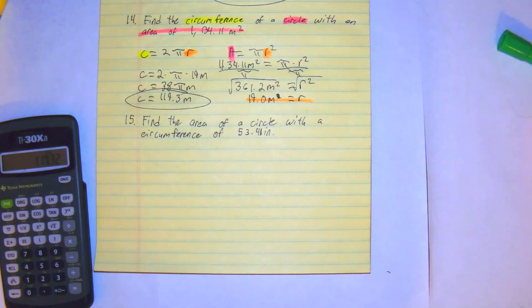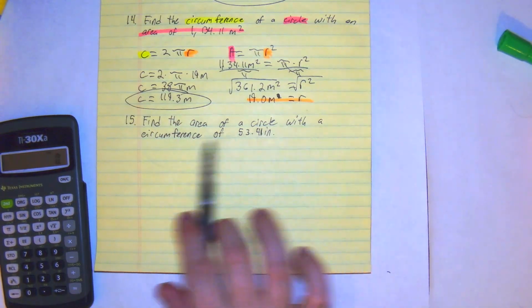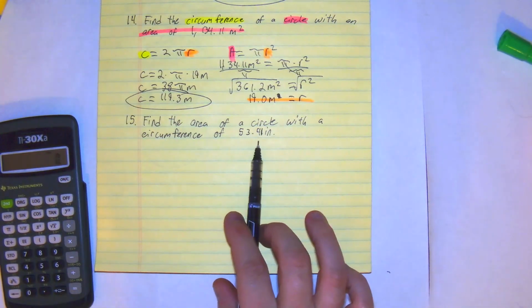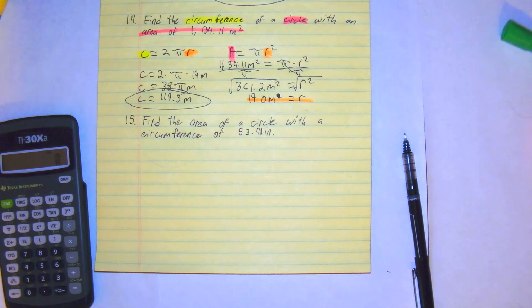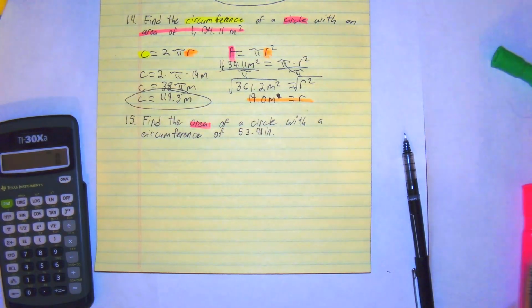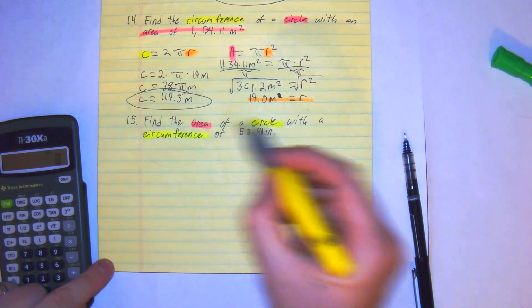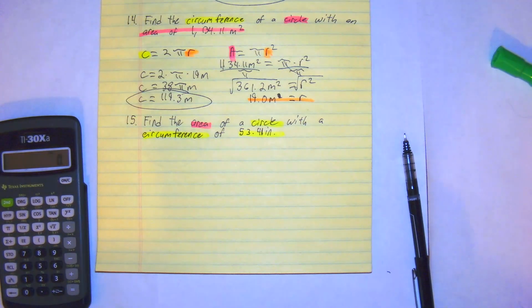Number 15, we're about to do number 15. Number 15 says, find the area of a circle with a circumference of 53.41 inches. So the goal here is we want to find the area of a circle with a circumference of 53.41 inches.